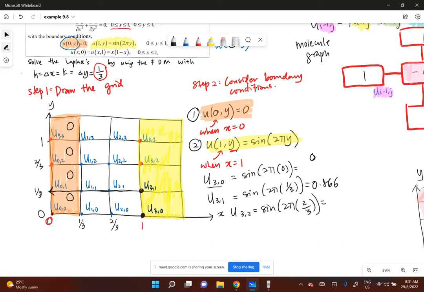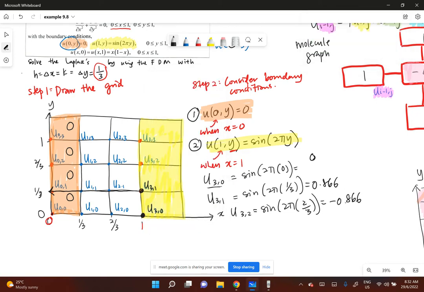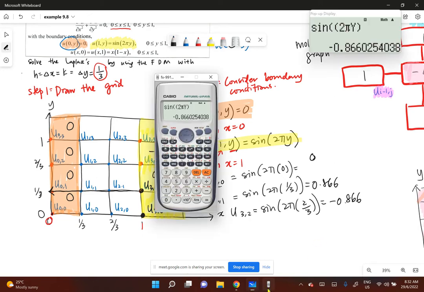Calculate 2 over 3, and you get negative 0.866. So here is 0, here is 0.866, here is negative 0.866.